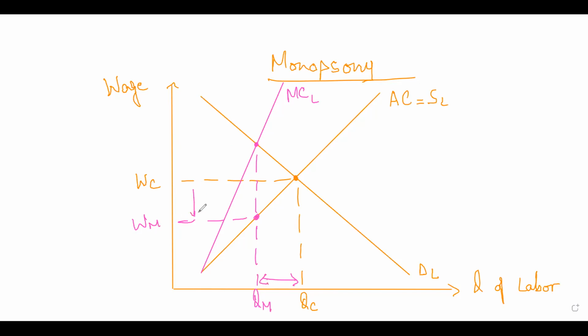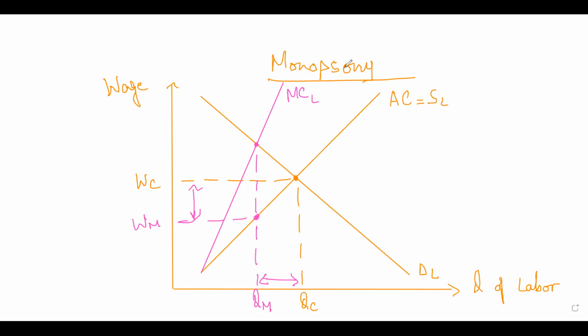Is that making sense? So wages are lower, and the quantity that's hired is also lower. This is making sense, students? Do you want me to explain it one more time, or is this making sense?